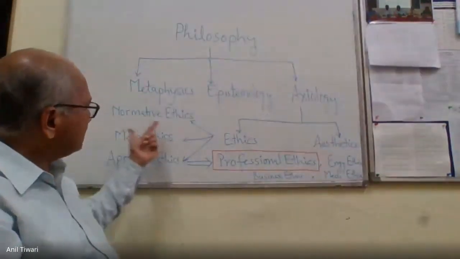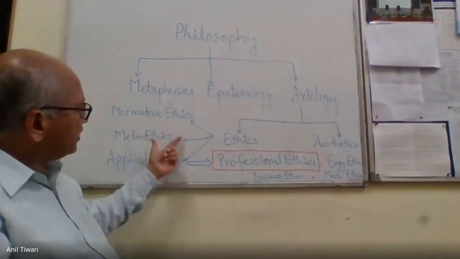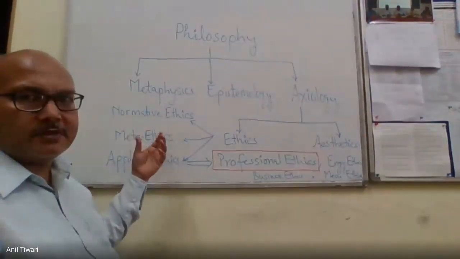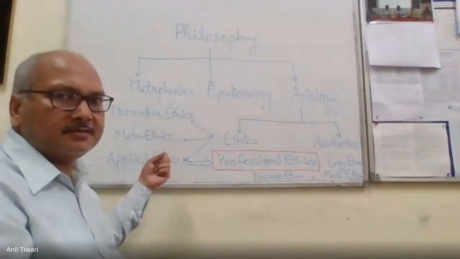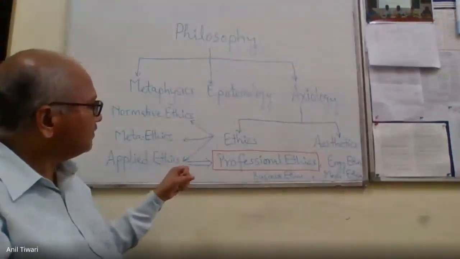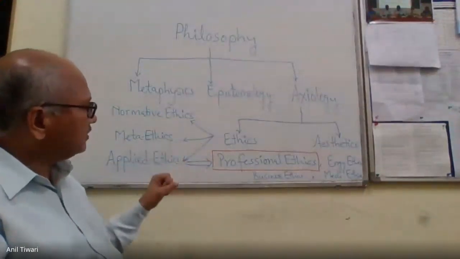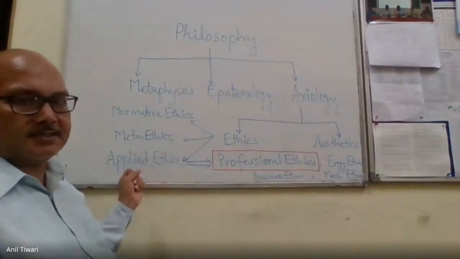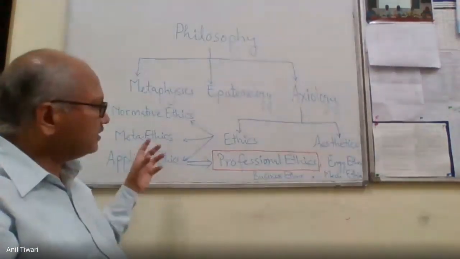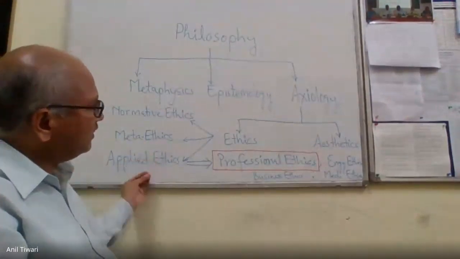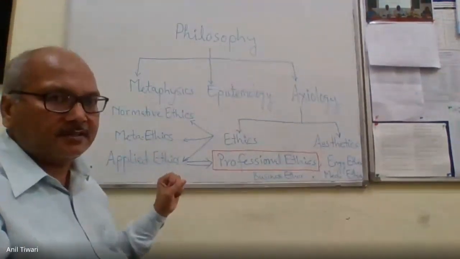This branch of ethics is an offshoot of what we call philosophy of language, which is part of analytic philosophy. The third branch within ethics is called applied ethics, and here we study norms and principles which are used in a particular context.